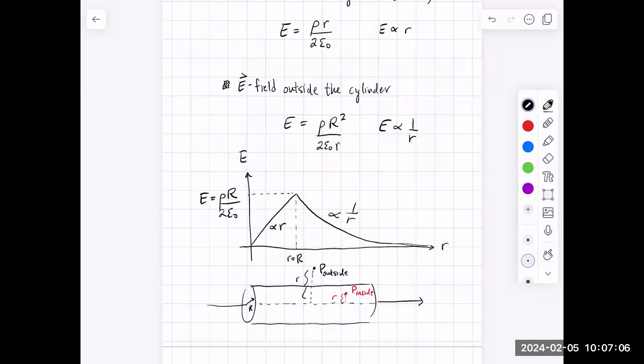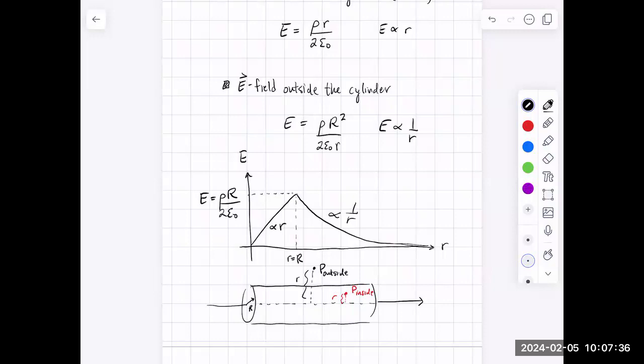So as we move further and further away from the axis, and we choose a bigger and bigger Gaussian surface, it encloses more and more charge, and so the electric field gets stronger. Once we get to the outside, as we move further away, our surface gets bigger, but the Q enclosed doesn't increase, and so for that reason, the electric field strength decreases as we move further and further away.